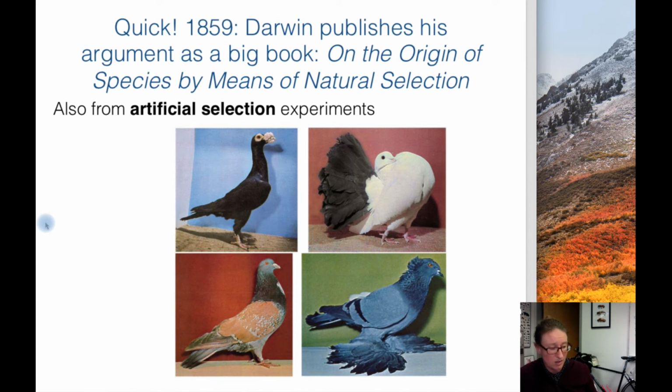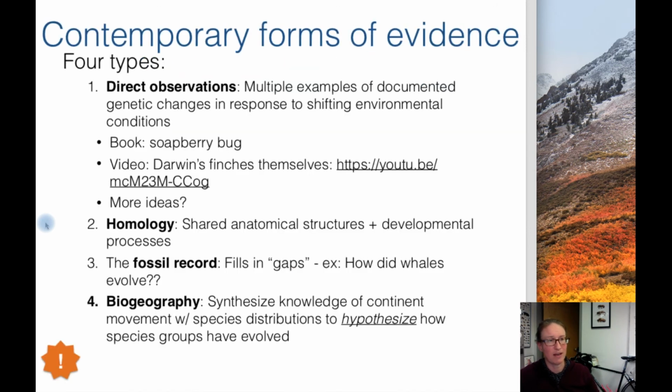This is taking your typical city pigeon and just seeing what kind of extreme varieties can result. And people do a lot of similar things with chickens also. So when we selectively breed for certain traits in organisms, if we're the ones making that selective decision, we call that artificial selection. So, Darwin said it's possible to get these strange varieties as a result of choosing who breeds with whom and seeing those traits get passed on.